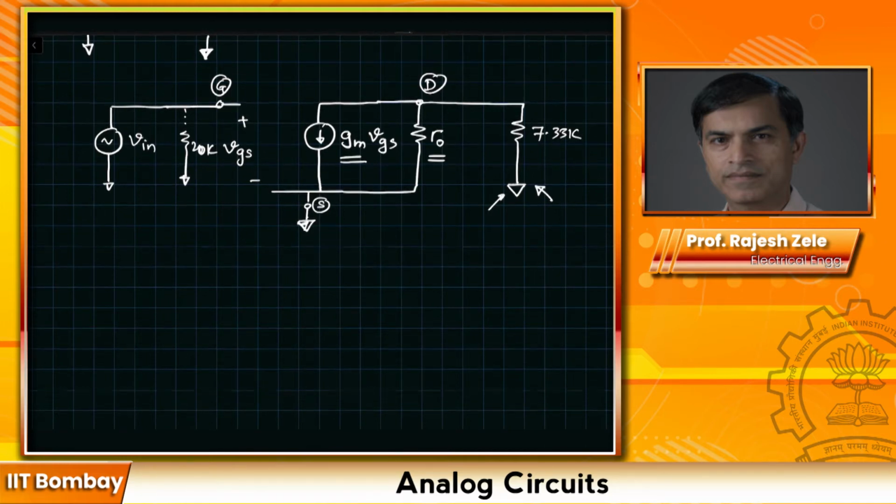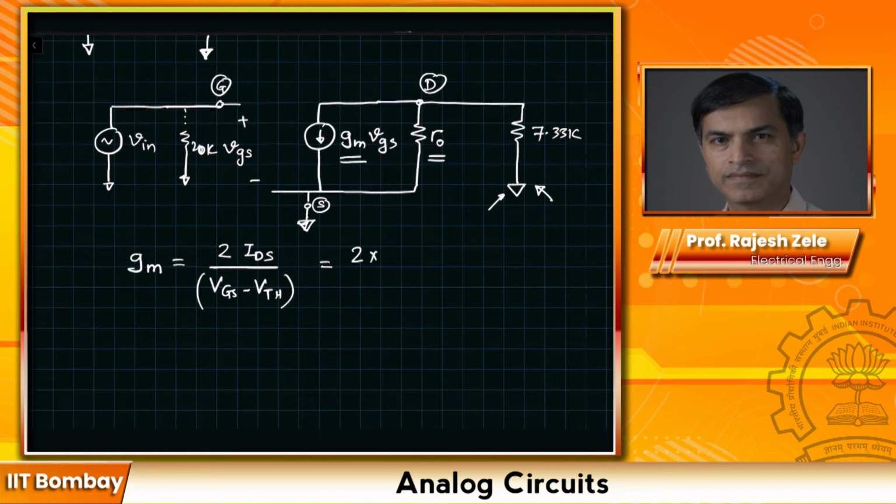In this particular case, there are three different equations we learned in the previous lecture for GM, and the most useful one here, because we already know these values, is 2 IDS divided by VGS minus VTH. So you can compute this yourself.